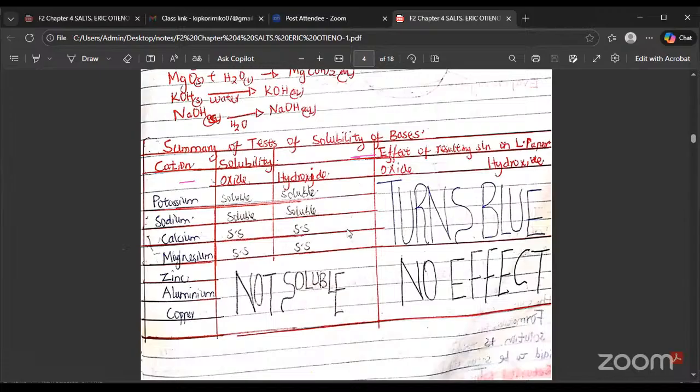And of course, effect on the litmus paper. By the way, have you ever been told on the effect of the litmus paper? Maura, have you ever been told on how the litmus paper is affected by either an acidic or a basic alkaline solution?